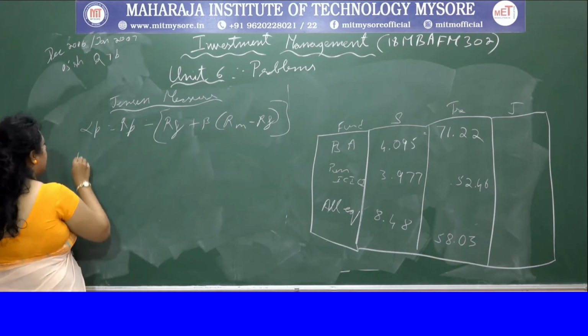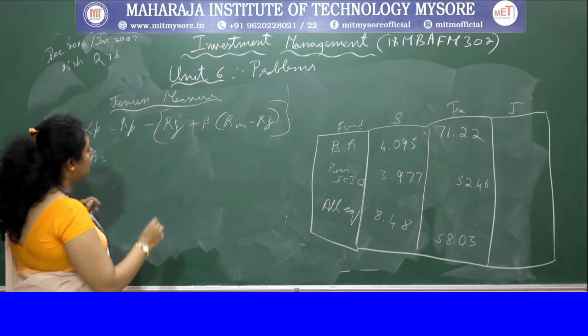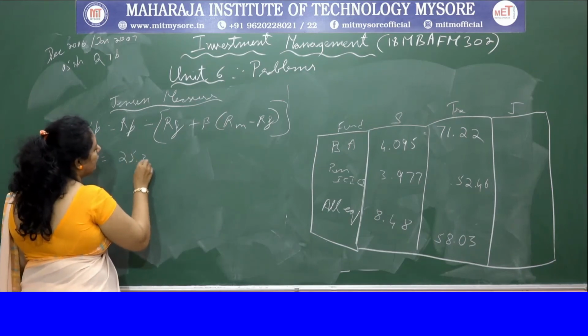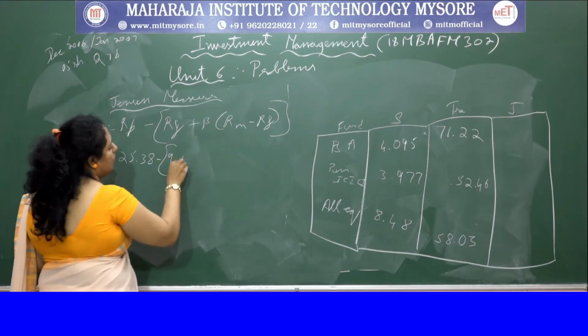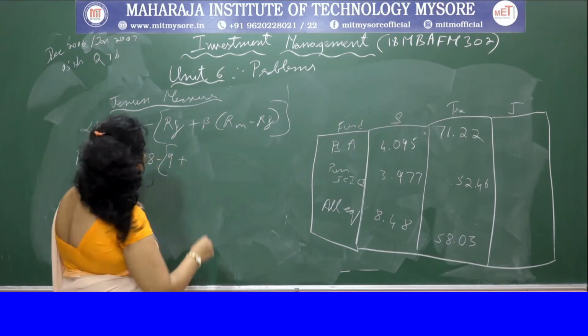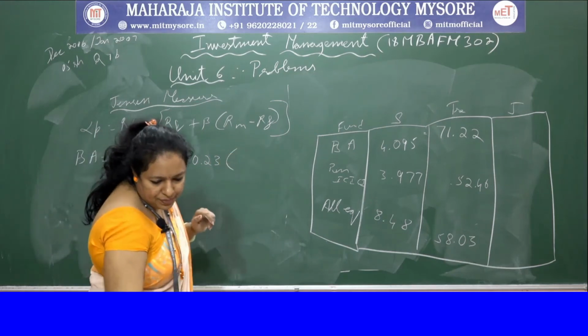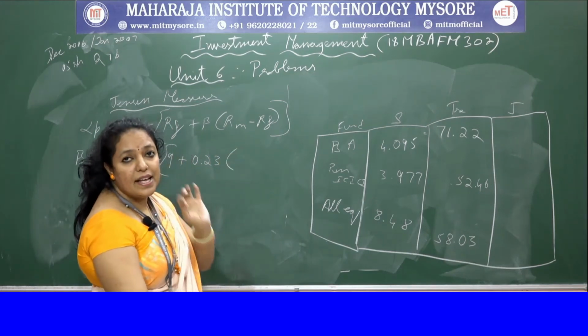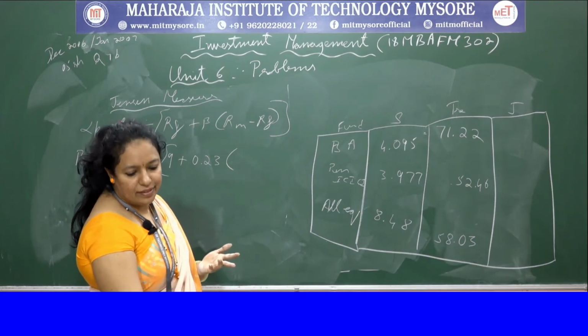Let's start with the first one, which is Birla Advantage. So Birla Advantage, it is 25.38 minus [9 plus beta, which is 0.23, times (Rm minus 9)], and Rm is S&P 500 CNX. This is the market. Okay.